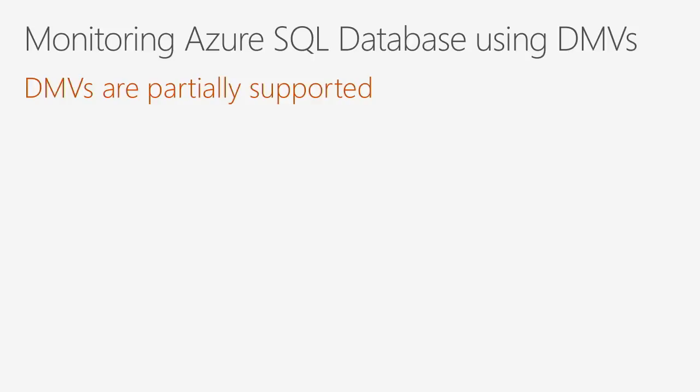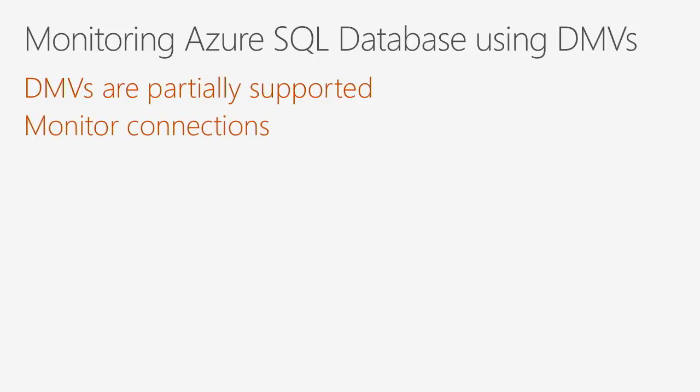They are partially supported, so it's not 100% of the DMVs available for Azure SQL Database, and that is the reason that we don't have 100% parity between the on-prem solution and Azure. You're not managing the instance anymore, so there would be some things that you wouldn't really need to run.